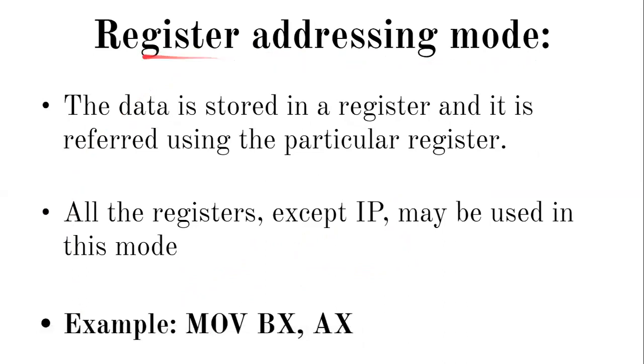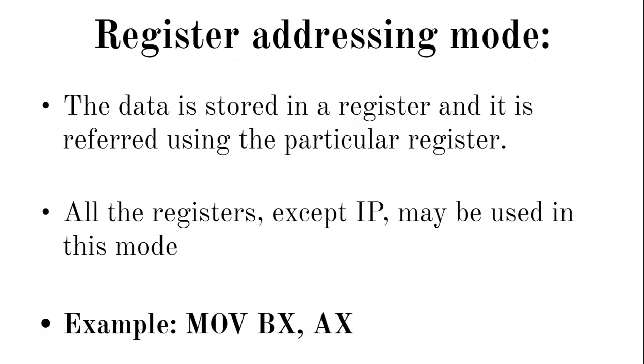Then we have register addressing mode. In this type of addressing mode, the data or the operand is stored in a register, and the name of that register is specified in the instruction after the opcode. For example, MOV BX, AX. The aim of this instruction is to copy data to another location.